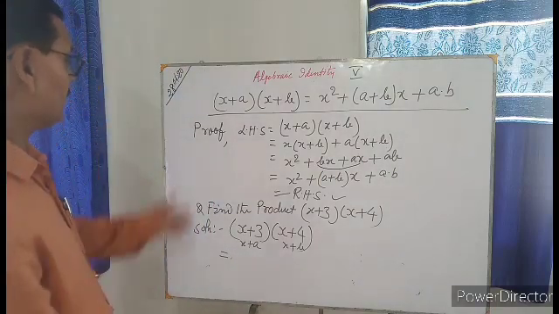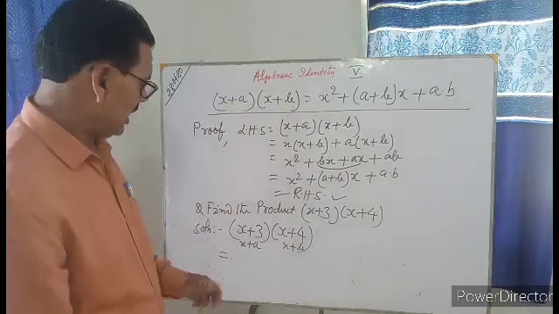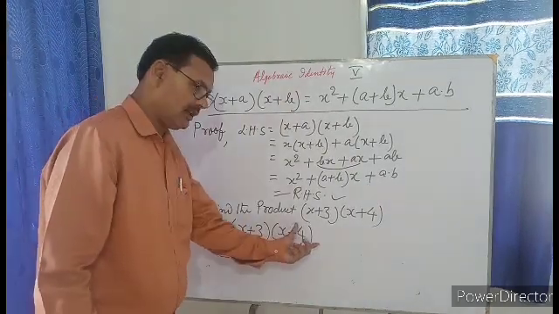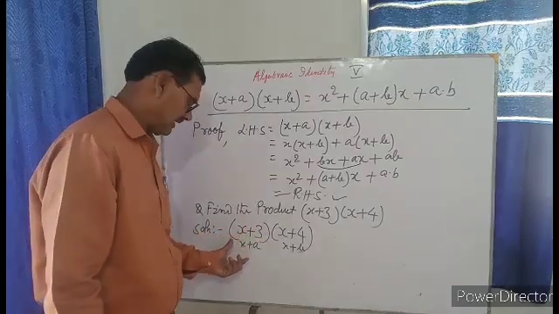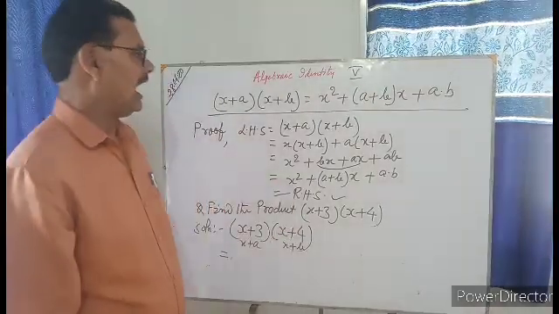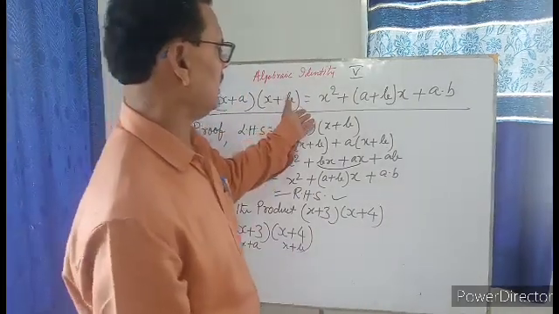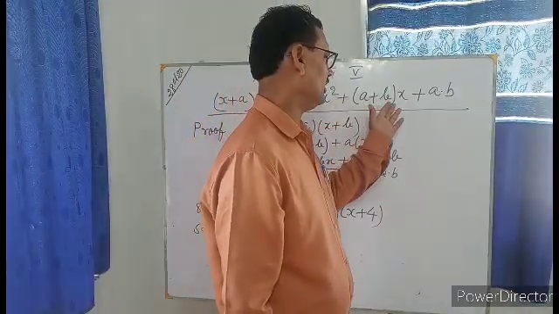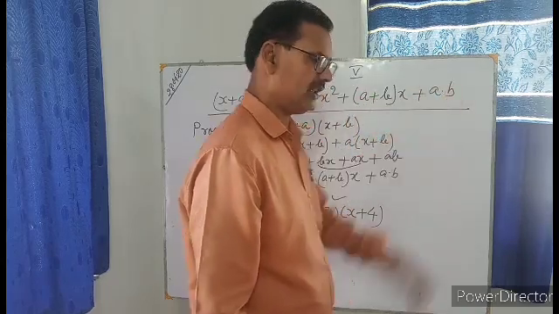Now, if you recall the formula x plus a into x plus b, this question has come on the pattern x plus a into x plus b. And we know x plus a into x plus b is equal to x square plus (a plus b) into x plus a into b.